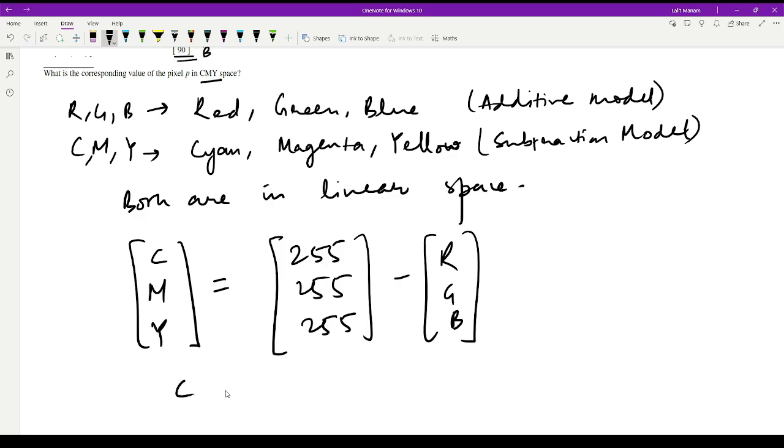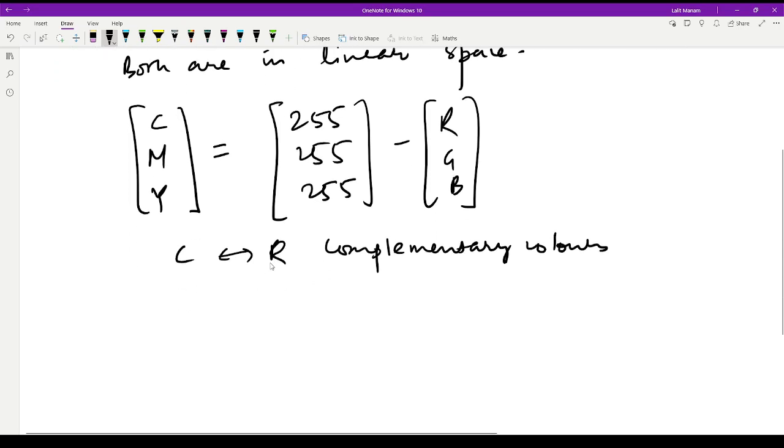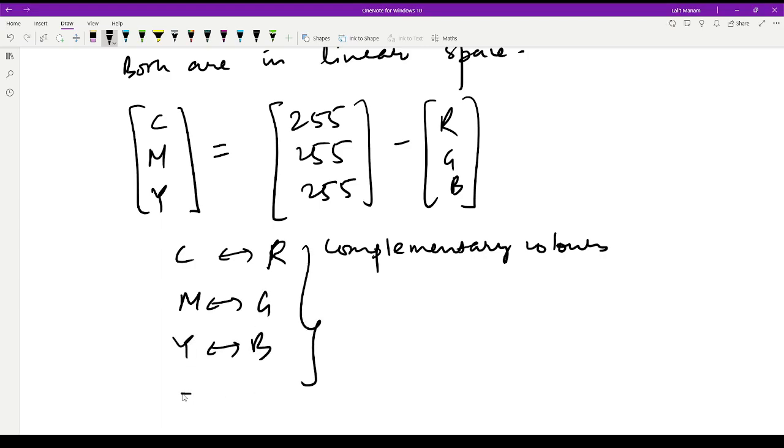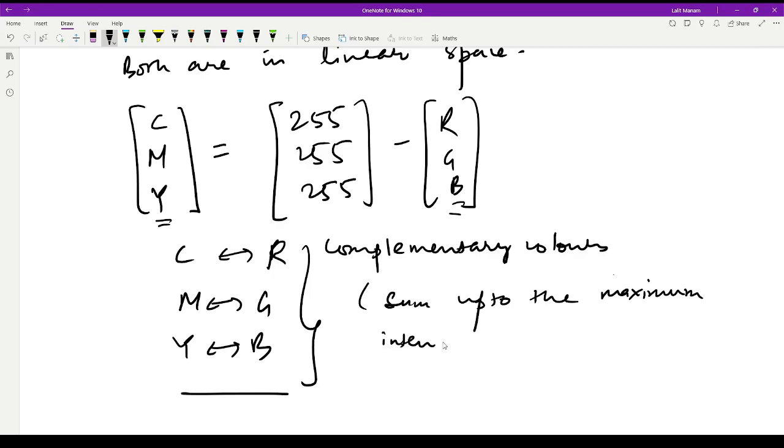C and R are complementary colors, M and G, and Y and B. What do you mean by complementary colors? When I add these two, they sum up to the maximum intensity value. That's why they are called complementary colors.